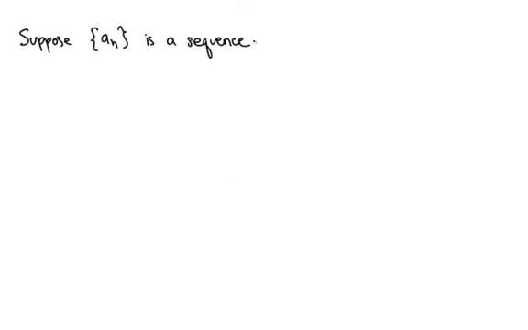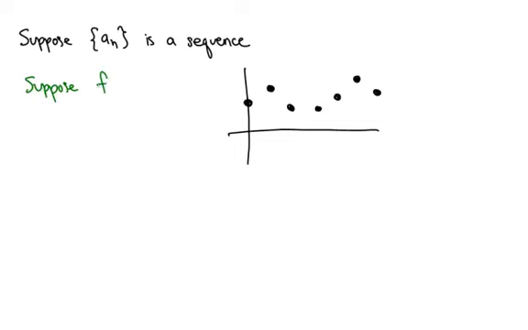So let's suppose that we have some sequence. And so I'm just going to make a sketch of my sequence. It's got dots evenly spaced apart. But there's sort of no rhyme or reason in between these things. But let's just say it's some random sequence. Let's suppose that we have a function f of x that satisfies the following two properties.